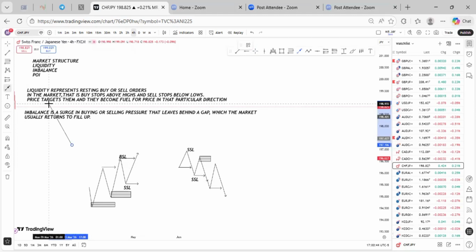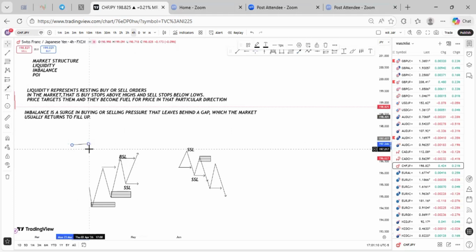I think this is self-explanatory. What it means is that the market is basically hunting these buy stops and sell stops, and when the market takes them out, it uses them. They serve as fuel for the market to push on to the next level, whatever it wants to do. It's very important that we understand this.